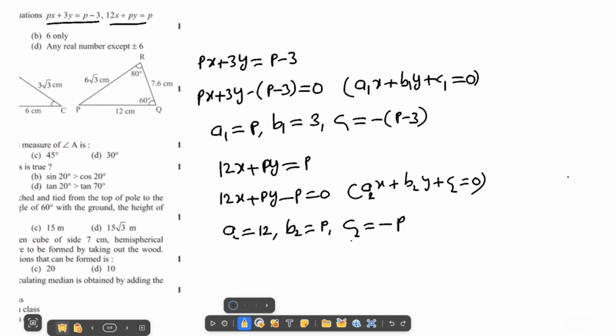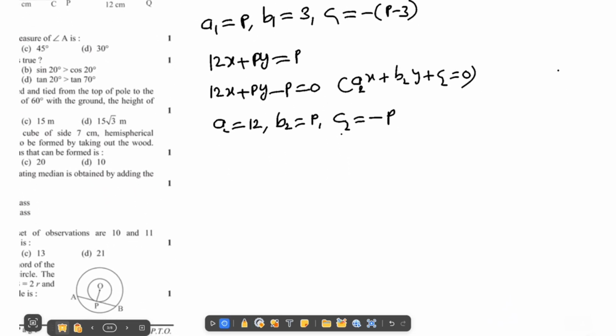So for having infinitely many solutions, what is the relation between the coefficients? The relation is given by a1 by a2 is equal to b1 by b2, which is also equal to c1 by c2.